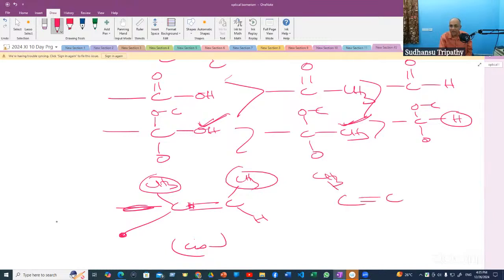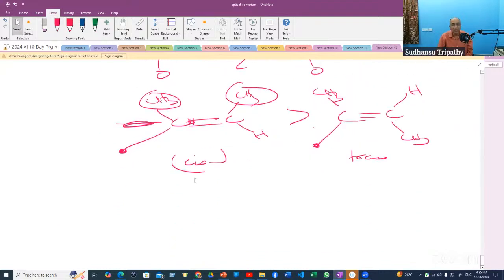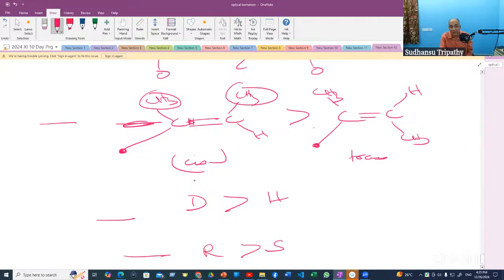According to convention, cis has greater priority than trans. Just remember, this is an accepted rule that cis has greater priority, and deuterium has greater priority than hydrogen. R has greater priority than S.